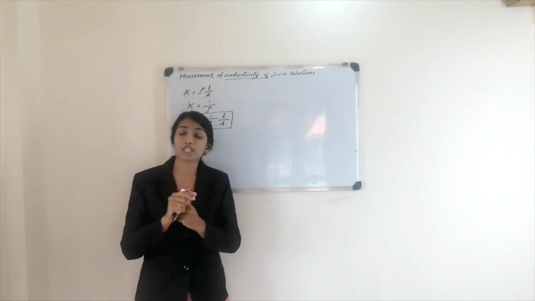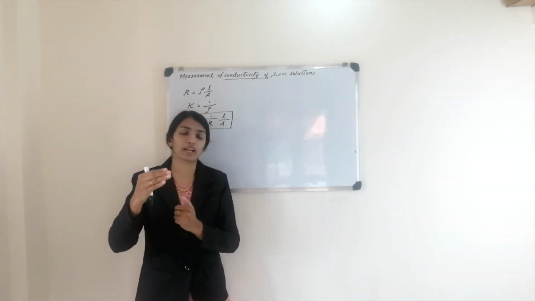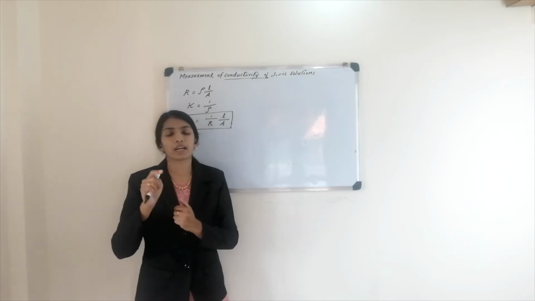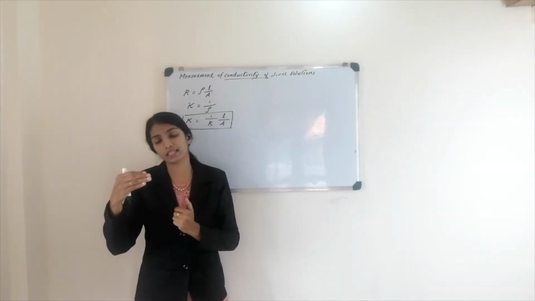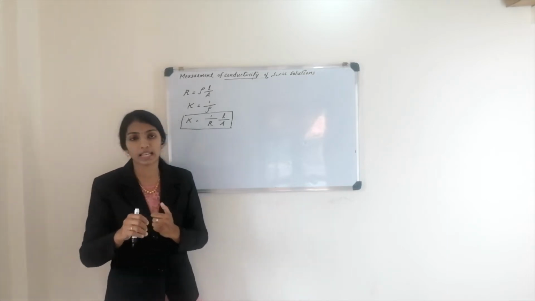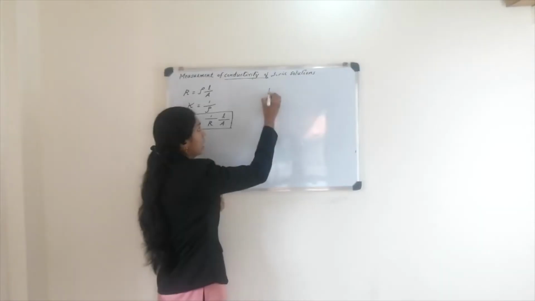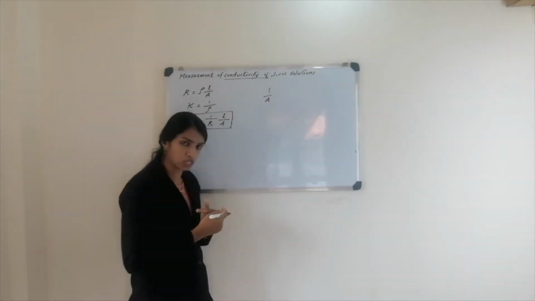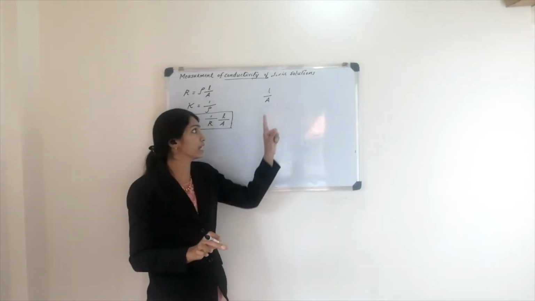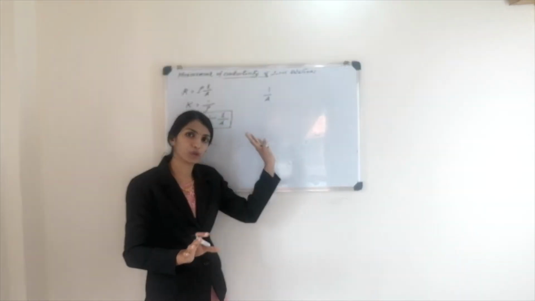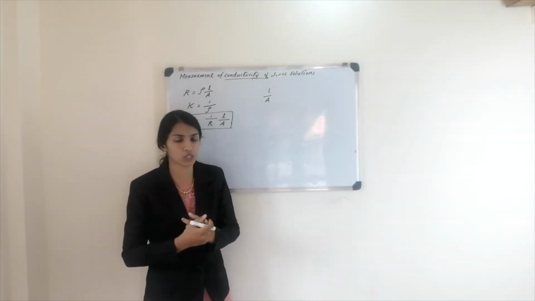If L is the distance between the platinum electrodes and A is the area of cross section of the electrode, which is also fixed, then for a particular conductivity cell, L by A is a constant. L is a constant, A is a constant, so L by A is a constant, and that constant is known as the cell constant.